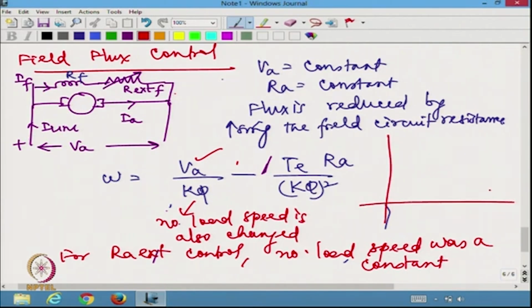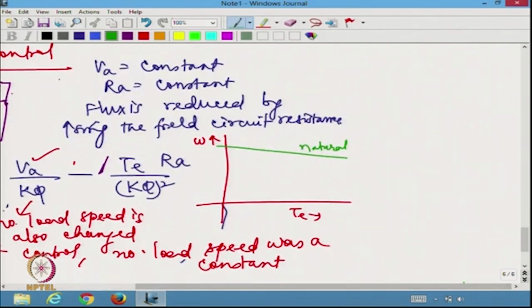So, we could see that it was starting from the same point when we drew the characteristics, but here when we draw the characteristics, if I say this is omega and this is Te, maybe the original torque speed characteristics was like this. So, this is the natural torque speed characteristics. Now, if I try to vary the flux, I am going to have probably one of them somewhat like this, the next one somewhat like this, the next one maybe like this, and so on. So, are you getting my point?